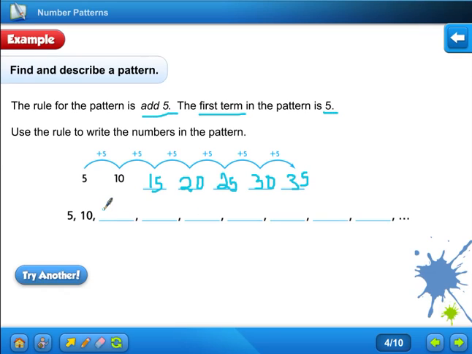And now they want us just to list them. 15, 20, 25, 30, 35, 40, 45.